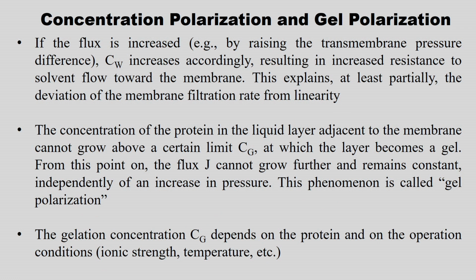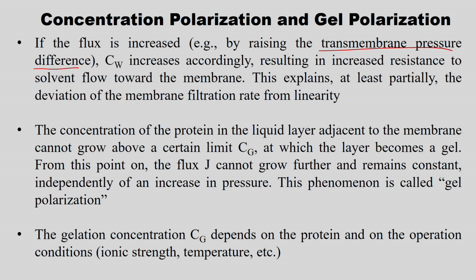So, the next one is the gel polarization. So, what happens in the gel polarization we will see. If the flux has to increase, then I can do it via transmembrane pressure difference, right. So, Cw increases accordingly, resulting in increased resistance to solvent flow toward the membrane.